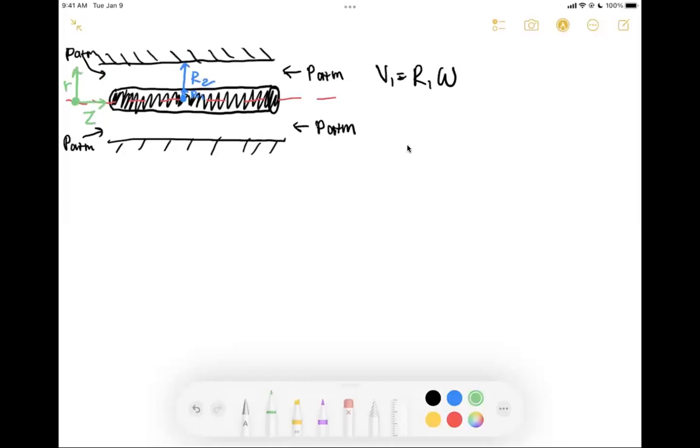So the lubricant is all in here in this area that I just colored in green. That's all the lubricant. So I'm going to take that off really quick.